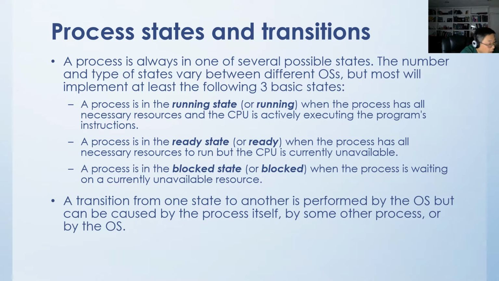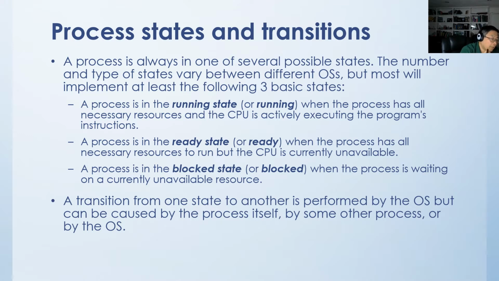Okay, as was mentioned in the previous slide, a process is a program in execution. Now, a modern computer may support multi-processes. So that means multiple processes are running concurrently. So these processes are basically fighting for the CPU resources.